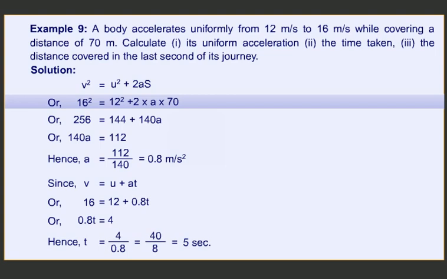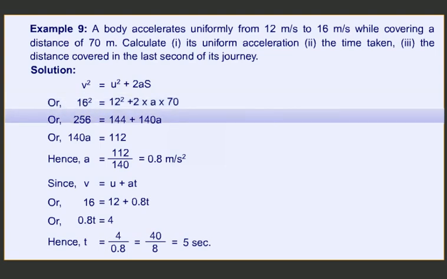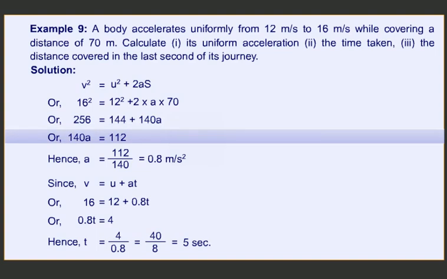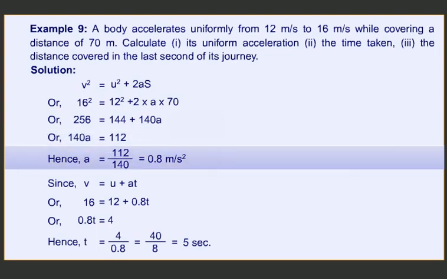So we write 16 square is equal to 12 square plus 2 into a into 70, or 256 is equal to 144 plus 140a, or 140a is equal to 112. Hence, a is equal to 112 by 140, which is equal to 0.8 meter per second square. Therefore, its uniform acceleration is 0.8 meter per second square.